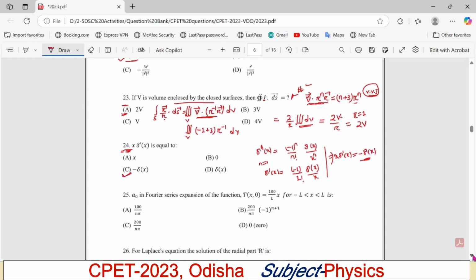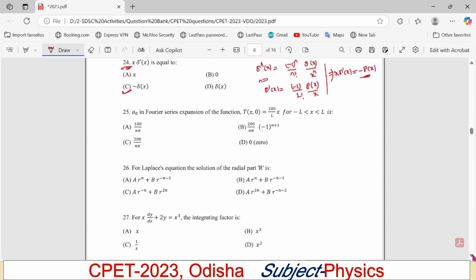Consider question number 25. We have to find A0 in the Fourier series expansion of the function 100 by L x in between minus L to L. Very simple. The A0 formula that we know is 1 by L integral from minus L to L of f(x) dx. So here you put 1 by L integral minus L to L of 100 by L x dx.